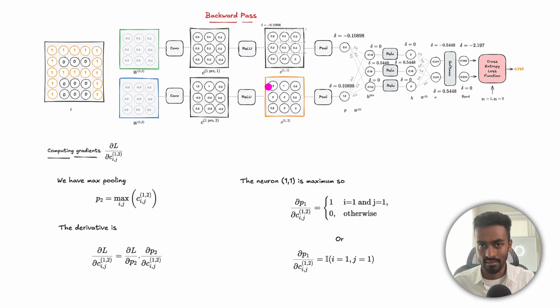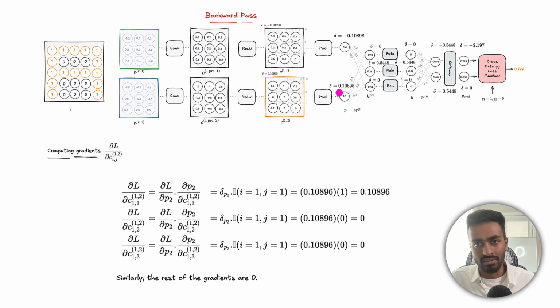And because the maximum for this case is in position 1,1, it is 1 if we're talking about position 1,1, but it's 0 for all of these other neurons. So changing them does not affect this output. Using them in our computations, we have now computed these deltas. And it's only this first neuron that actually has a 0.108 gradient value. Everything else is 0, which we've written in very light gray.